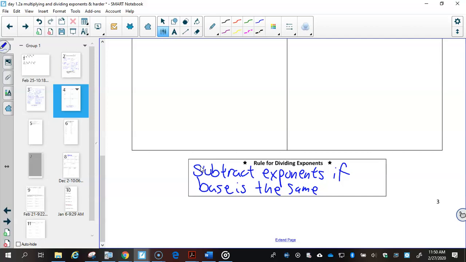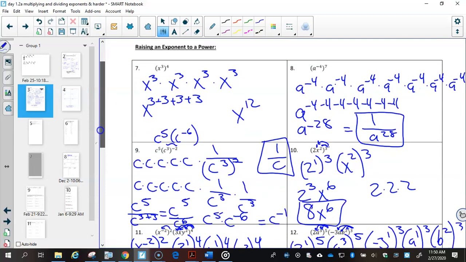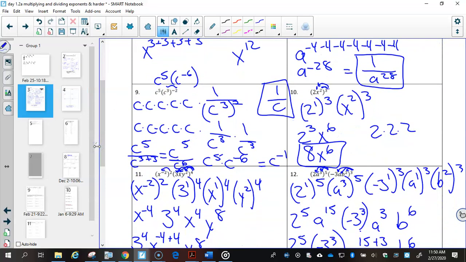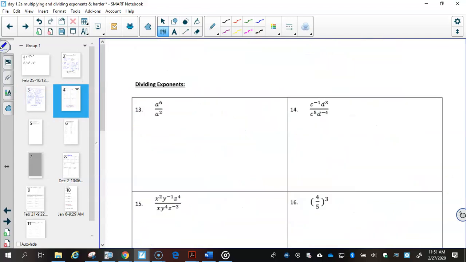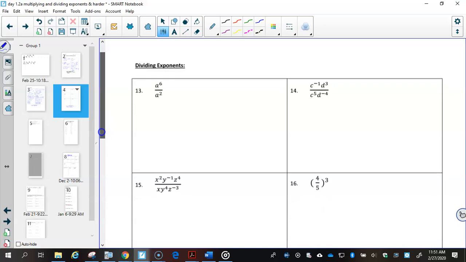Before we actually do these problems, I'm going to go back to one of the problems where we had a fraction. For number 9, when we ended up with c to the 5th over c to the 6th, if we had subtracted then, or knew our rule for dividing, we could subtract these and still get the same answer. Colin, can you shut the door? Thank you.